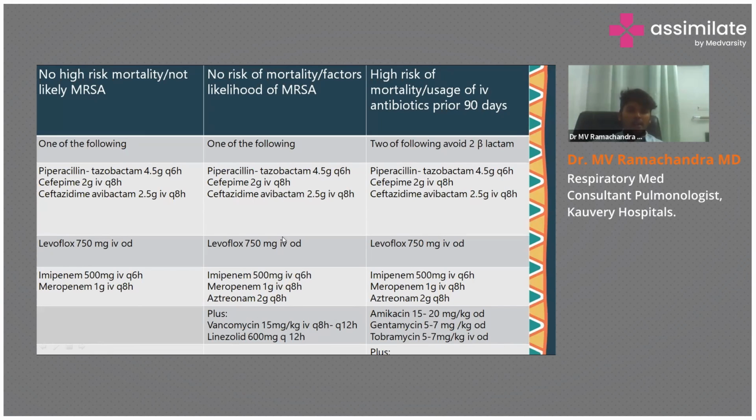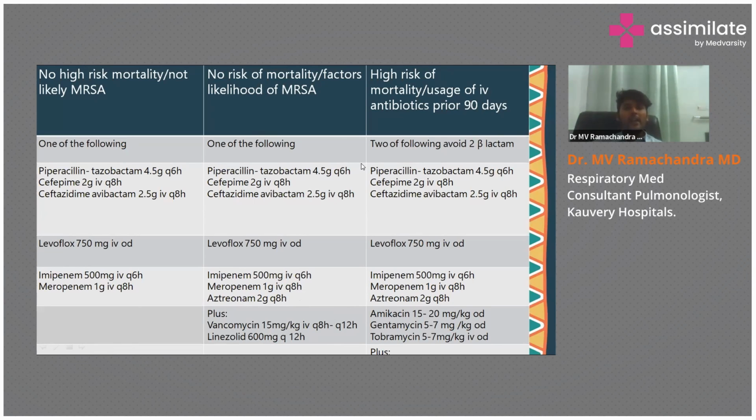Plus, you can add vancomycin, which is the standard for MRSA, 15 mg per kg IV, 8 to 12 hourly depending upon the patient's severity. The next is linezolid, which is usually preferred because of less nephrotoxicity and more bioavailability, but it is a bacteriostatic drug. So these are the things we can consider if we think about MRSA.